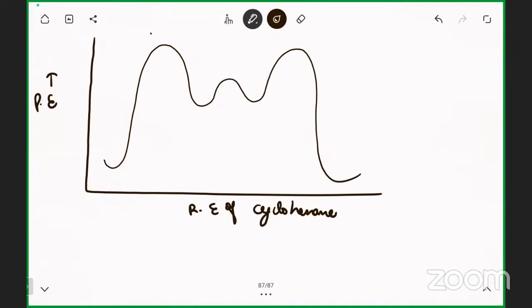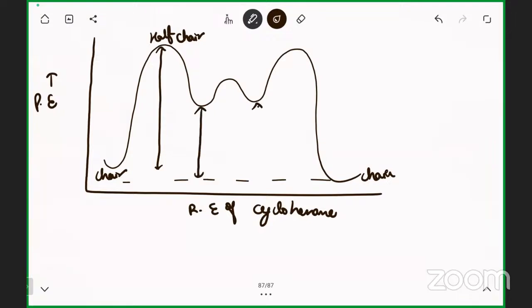So this will be half chair, this is chair, this is again chair, and this much energy is for the half chair. Well, this is the base. Okay, so this one is for this one, and this one for the twisted boat.